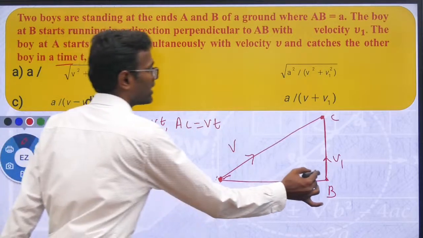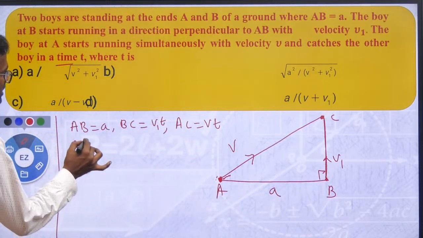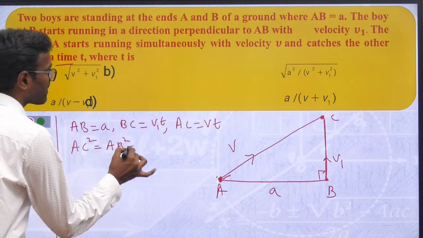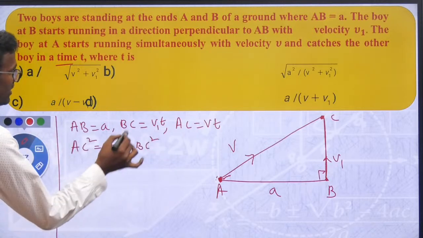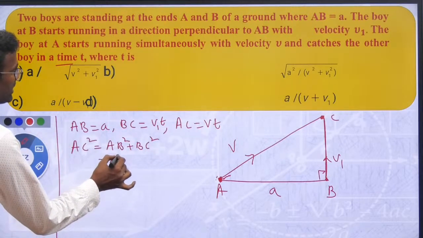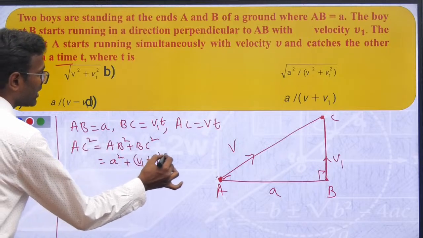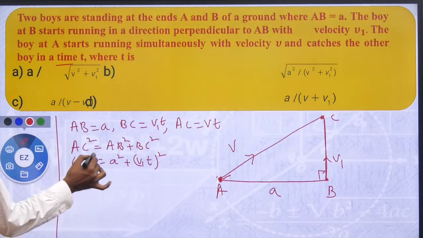Now it is a right angle triangle. Use the Pythagoras theorem: AC square is equal to AB square plus BC square. AB value is A square, BC value is V1t whole square, and substituting AC value, VT whole square.